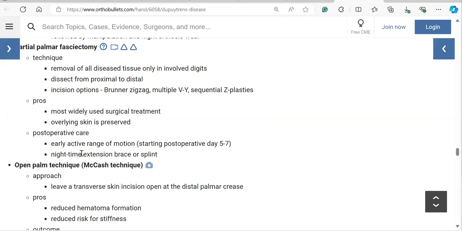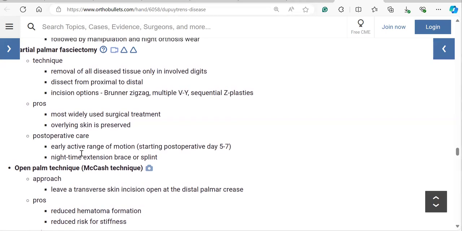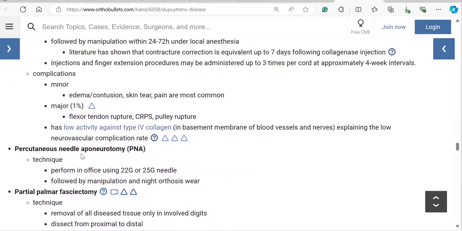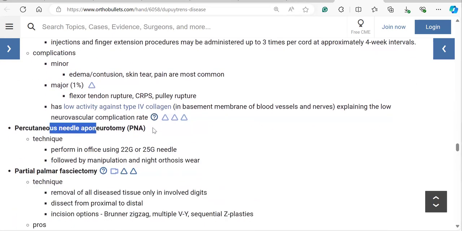Fasciectomy means that you remove the fascia which has hyperplasia or is thickened. Fasciectomy is only indicated if there is significant contracture, especially a PIP contracture like the picture I have shown you. For other patients who have mild contracture, especially at the MCP joint, you can try collagenase, you can try steroid, you can try needle aponeurotomy.